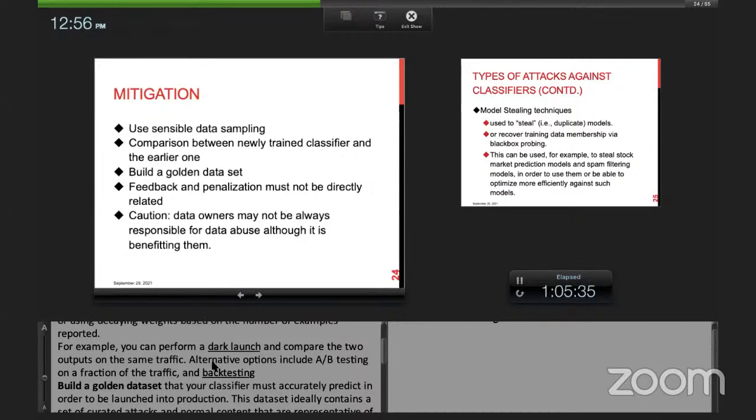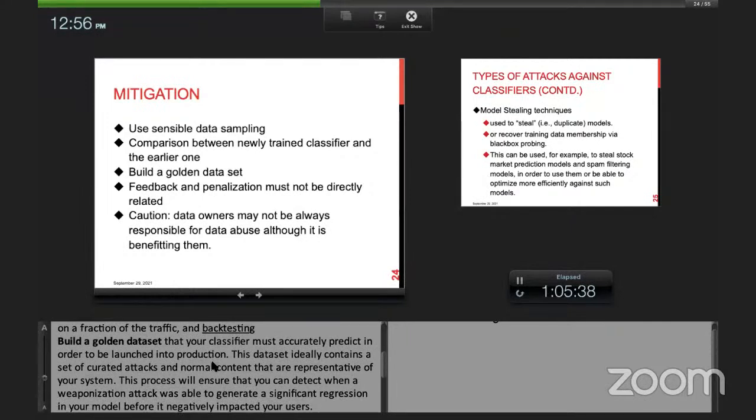Otherwise, you can build some golden data set. Your classifier must accurately predict it. You choose important data which will affect the system in a favorable way to your classification output. So it must also contain some curated attack types of data. You inject some bad data, and you have some normal content that is representative of the actual system.